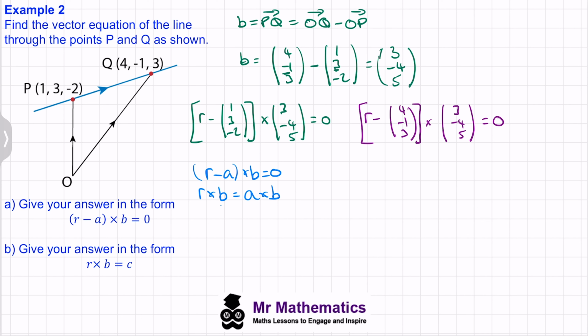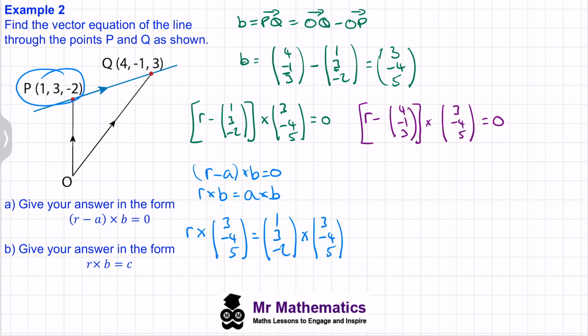We've already got b, which is the direction vector here, so r crossed with 3, minus 4 and 5 will give us a, the position vector. I'm going to use point P, so 1, 3 and minus 2 crossed with the direction vector 3, minus 4 and 5. At this point, we need to cross these two vectors together.